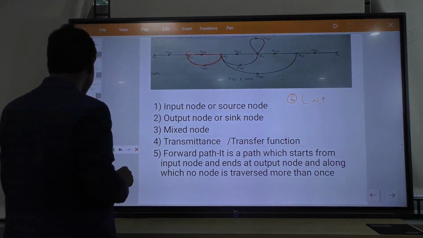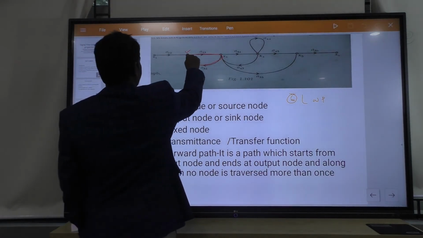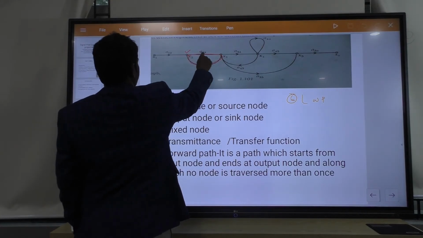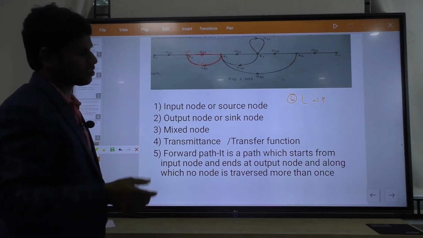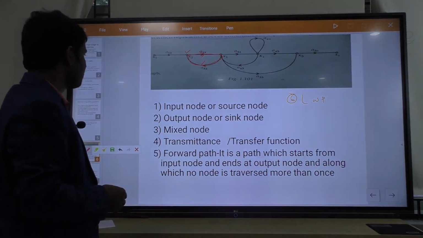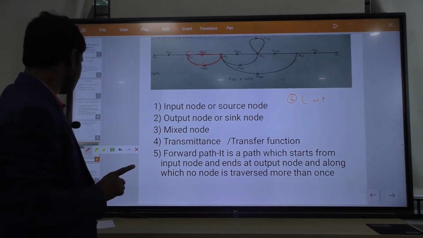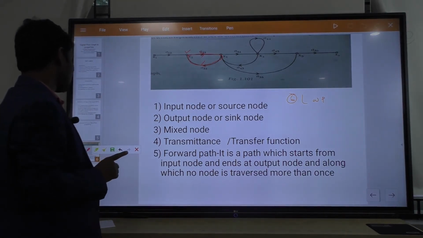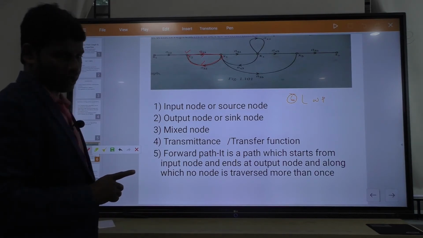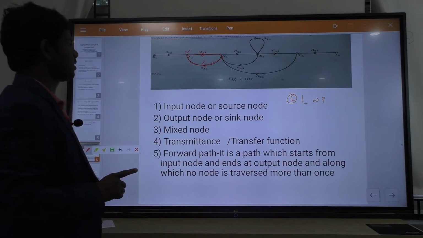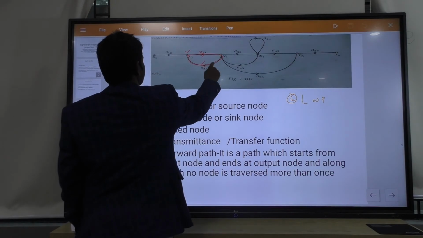So it is a path which starts and ends at the same node. If we start from one node and come back to the same node, the path is called a loop. Remember, a loop is a path that starts at and ends at the same node, along which no node comes more than once. This closed path, x2 to x3 and back to x2, is a loop here.